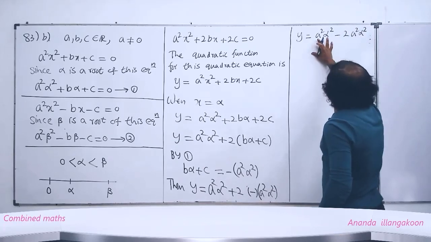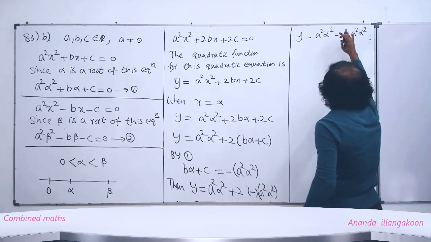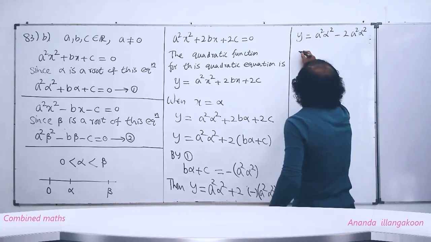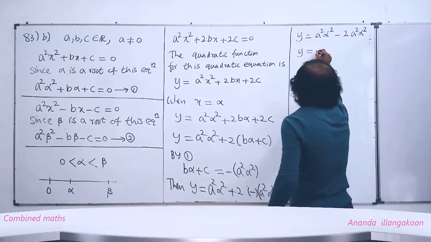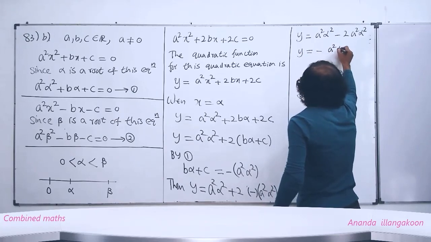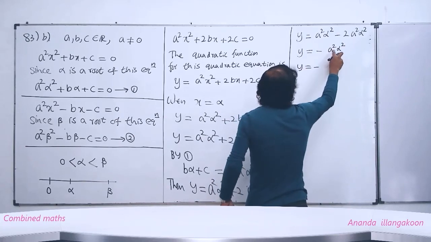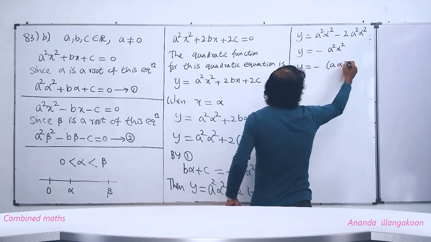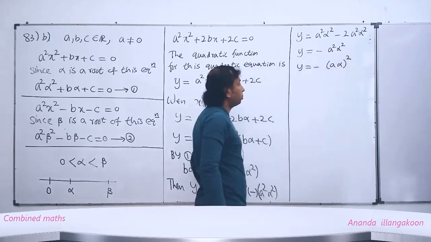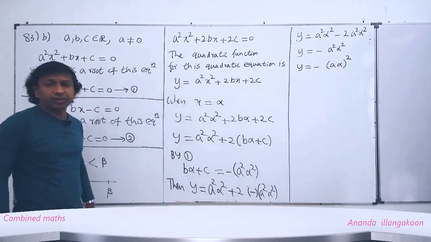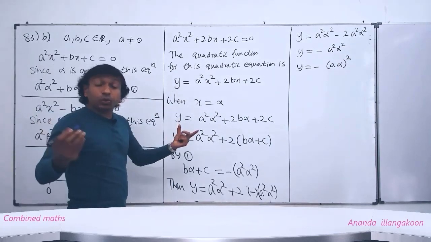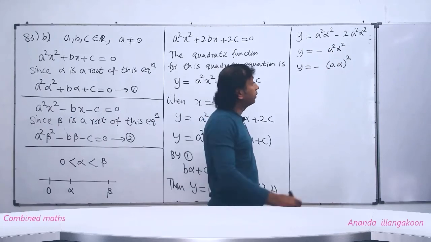See, people, if we take this a squared alpha squared as x, what do you have here? x minus 2x, it is minus x, minus a squared alpha squared. People, you know this a squared alpha squared I can write as (a alpha) perfect squared. You know, a perfect square is always positive. So this is positive.